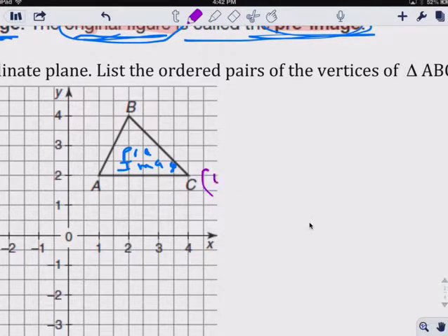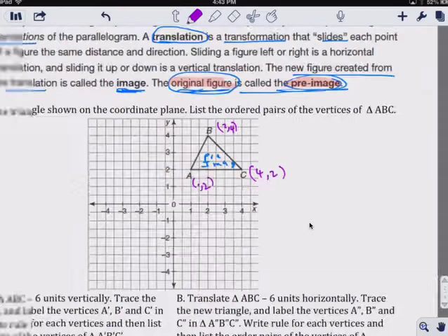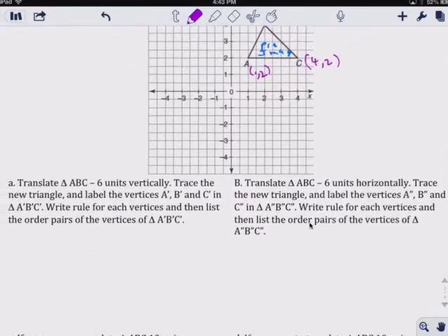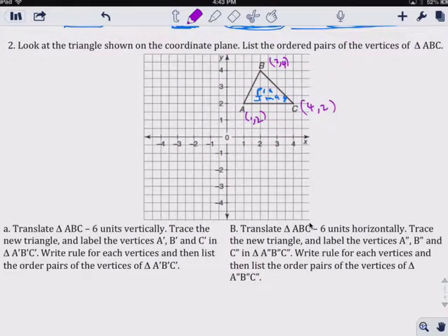This one is 4, 2. A should start with A first. It's 1, 2. B is 2, 4. So when you get this type of problem, always list the ordered pairs first.